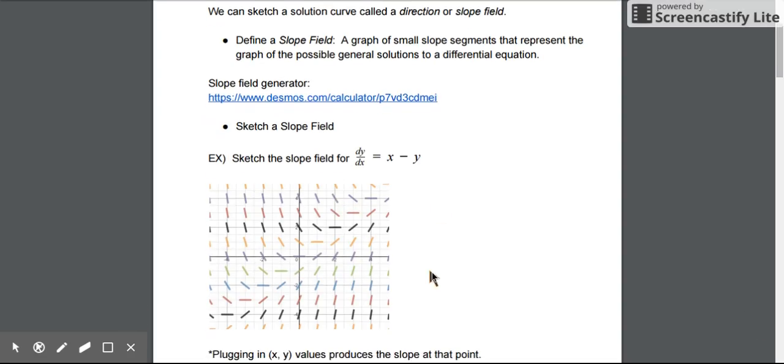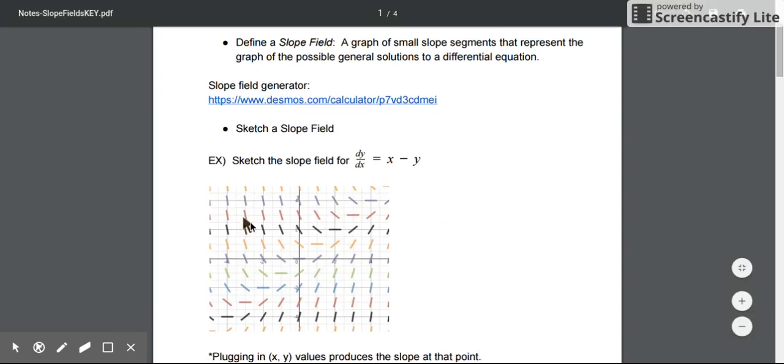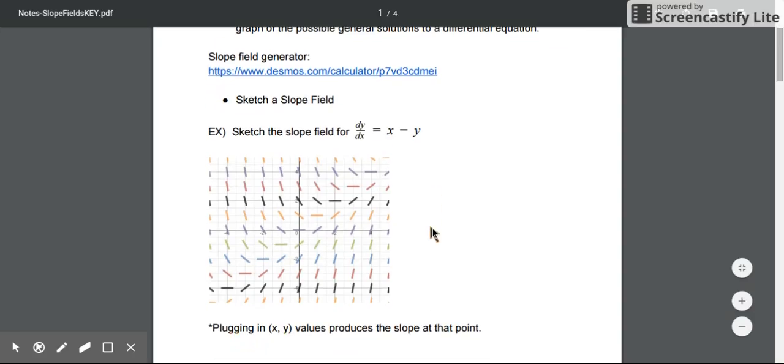And what we can do with a slope field is draw best fit lines that somehow follow these slopes, and that would be a graph that represents a solution to the general solution to this differential equation. But there are many, so you can draw all kinds of lines.